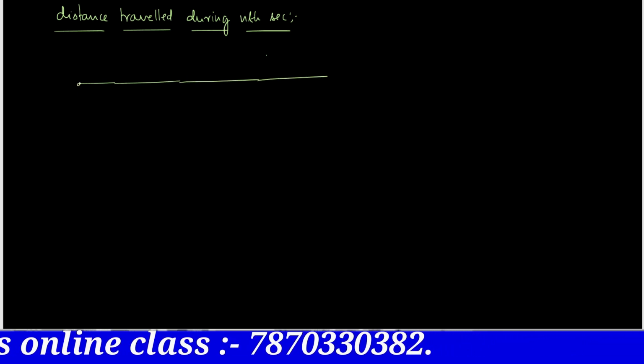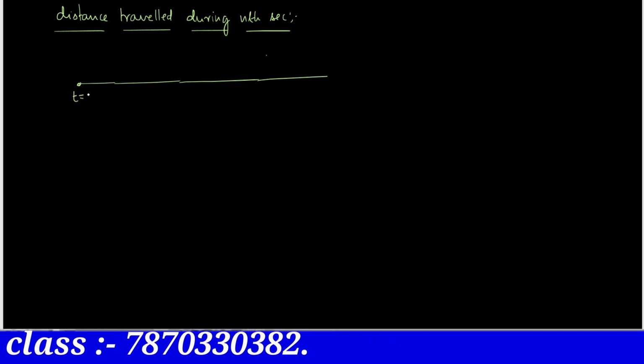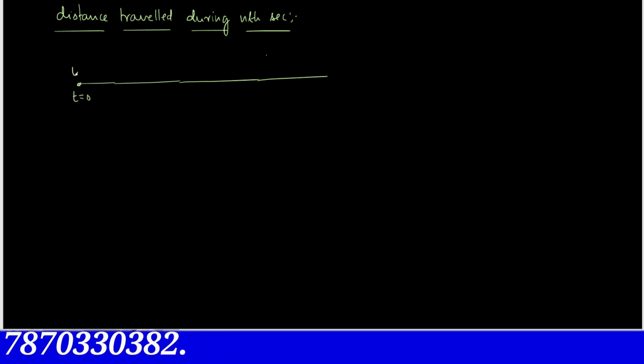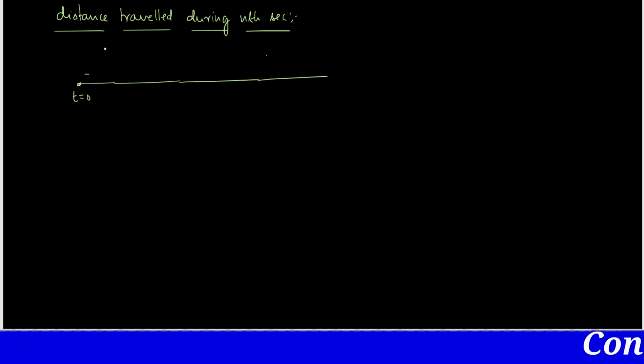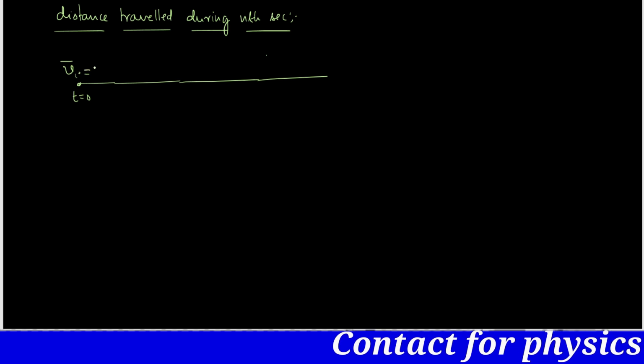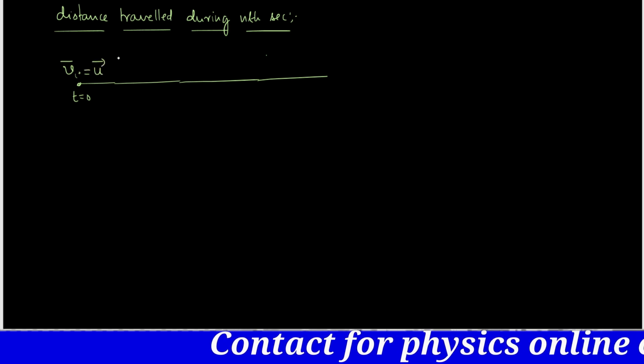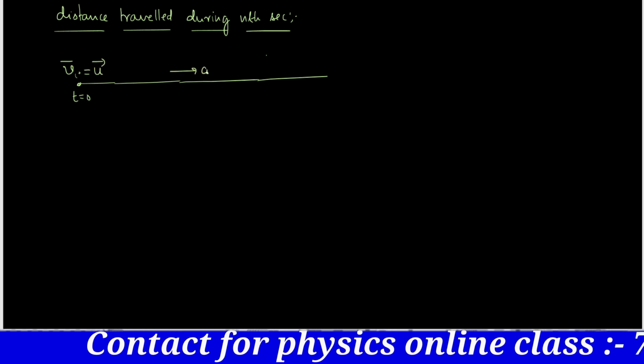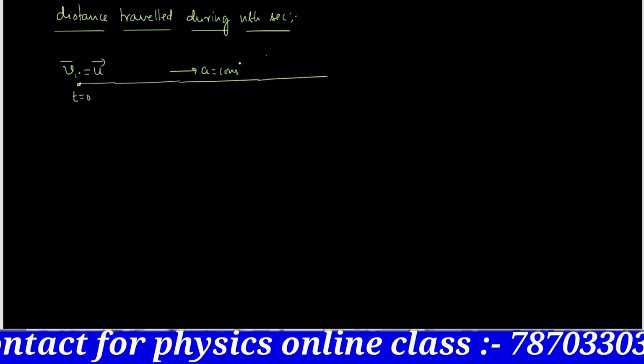Suppose any person has started its motion from here at t equal to 0, with initial velocity v initial equals to u, starting with constant acceleration a equal to constant.